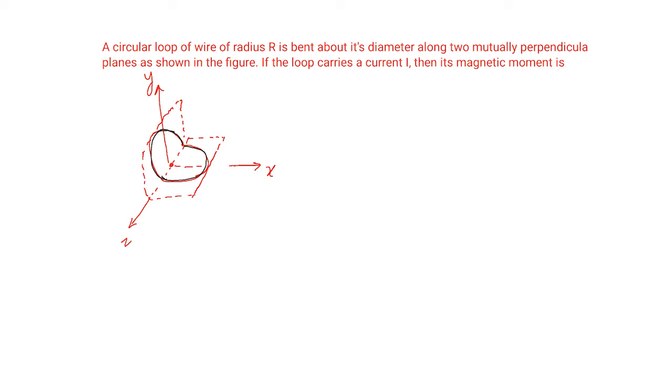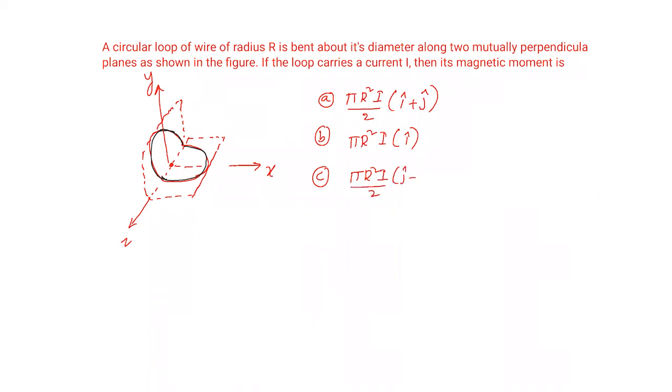Now these are the options: pi r square I by 2 times I cap plus j cap; pi r square I I cap; pi r square I by 2 times j cap plus k cap; and option D.